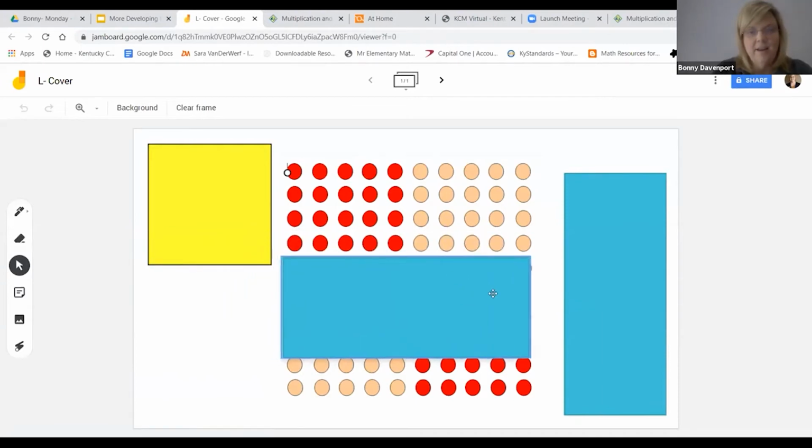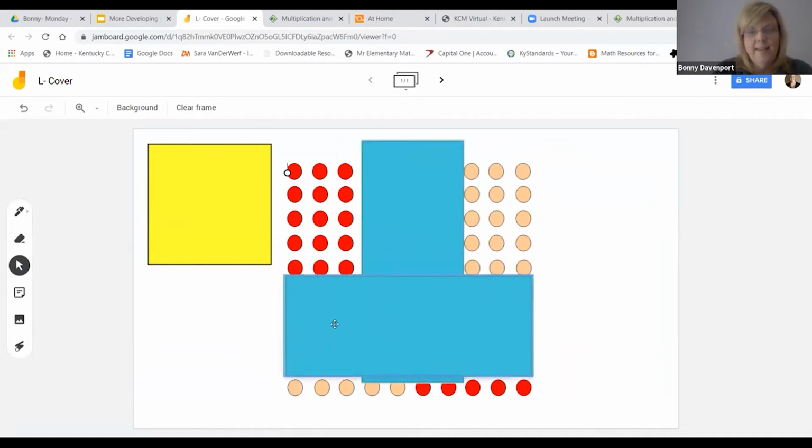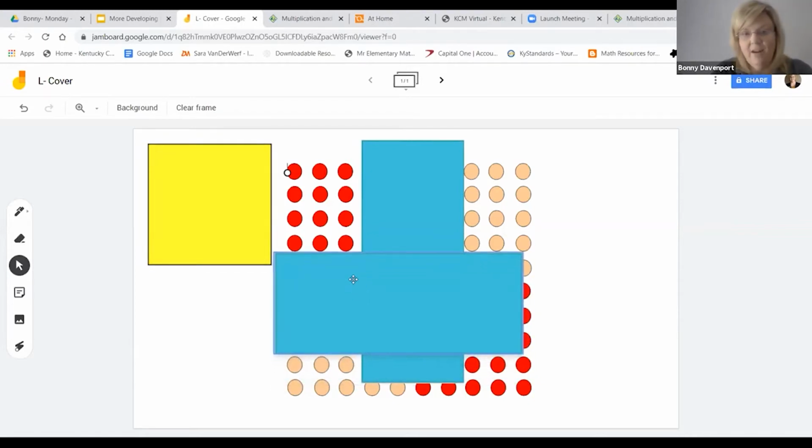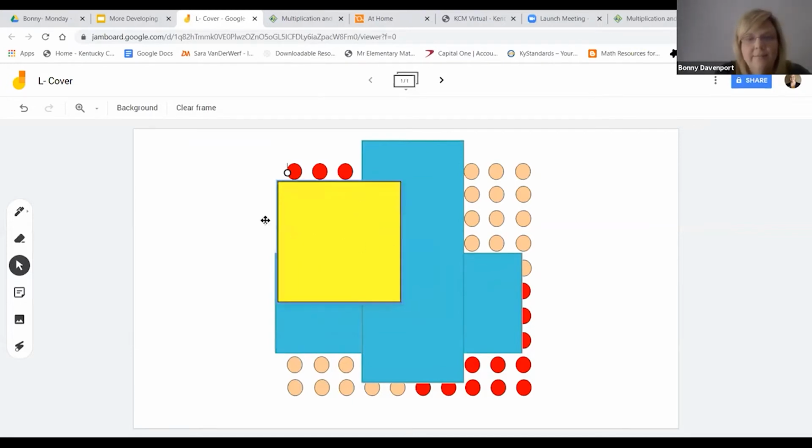A student may not know 4 times 3, but they may know 5 times 3. So they could make that array there, and they would see that it's 3 times 5, and they know that one's 15. And then they could take off that group and see that they have a 3 times 4 array, which is 12. And then I have a screen here too that you could put on there if you want to distance the setting even more and just have the outline of the array there.